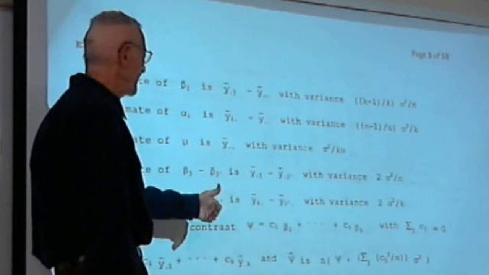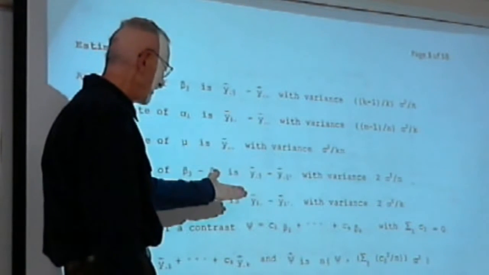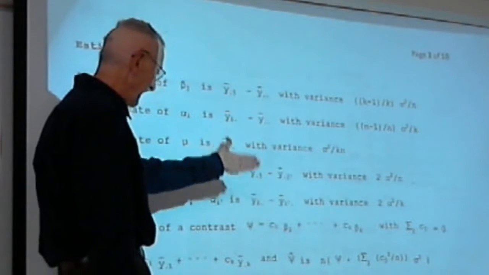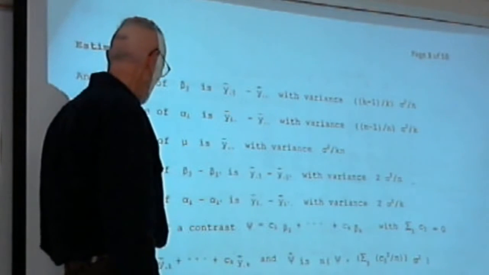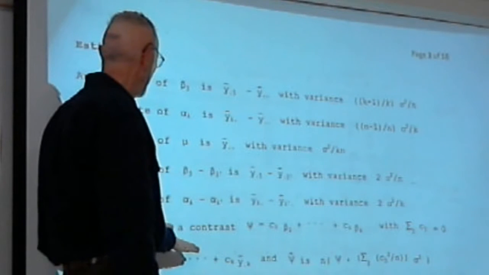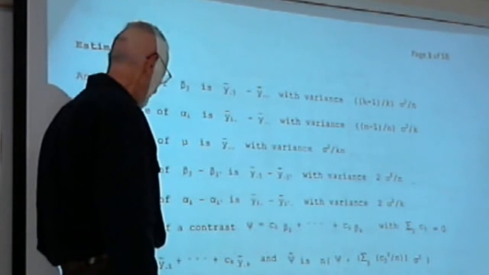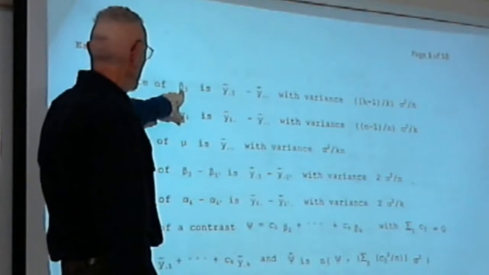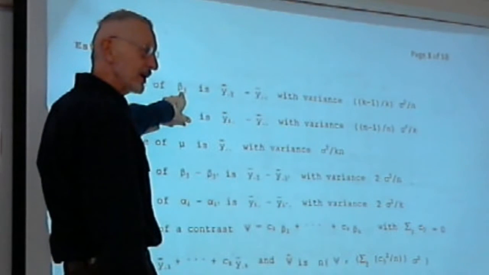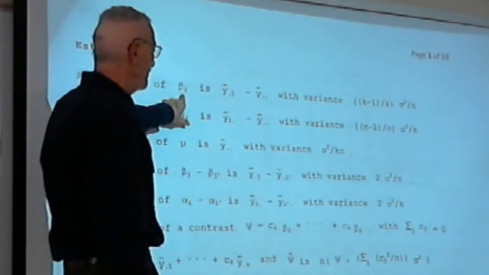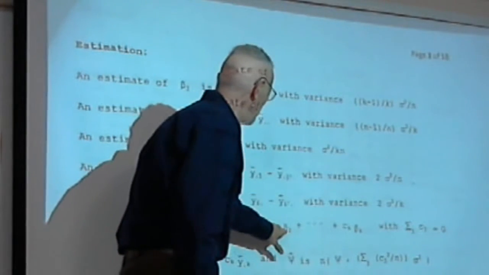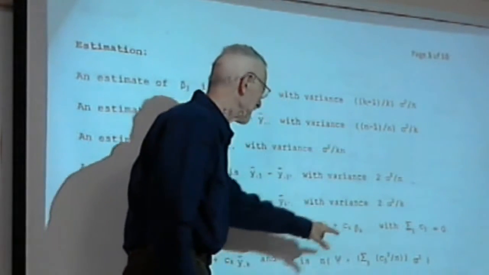Well, replace the betas by estimates of them, and you get this. Now, here's your estimate of a single beta j up here, so I'm going to substitute that in for each of the betas in this formula.